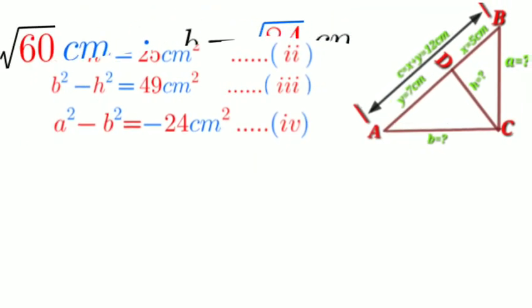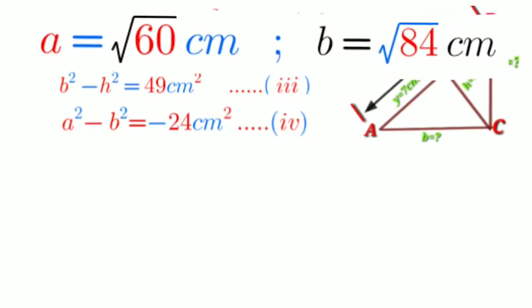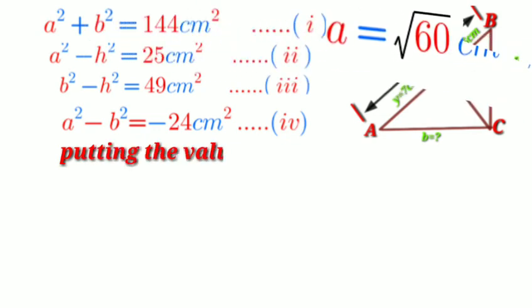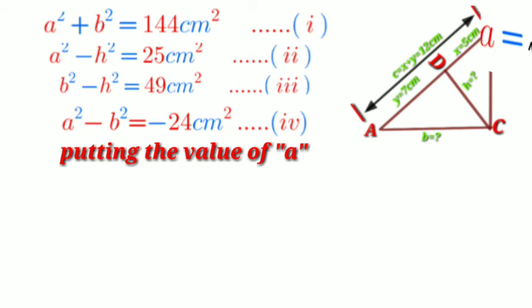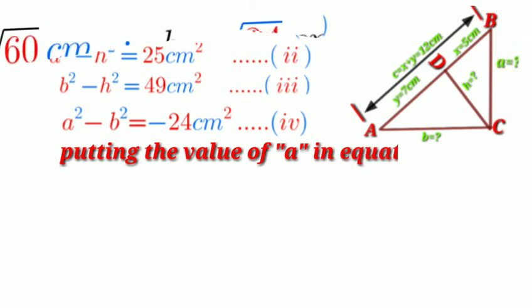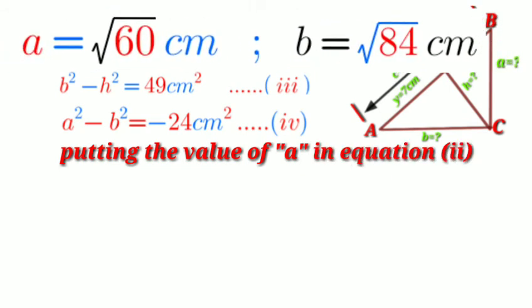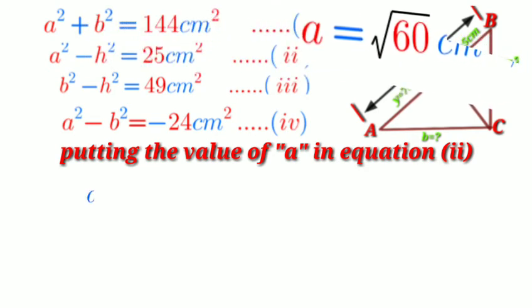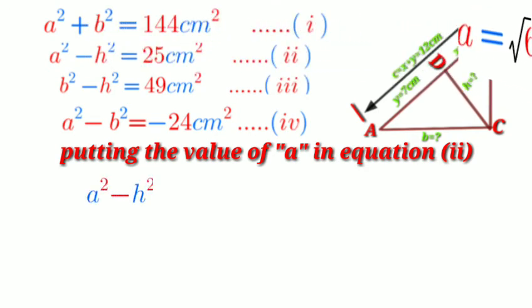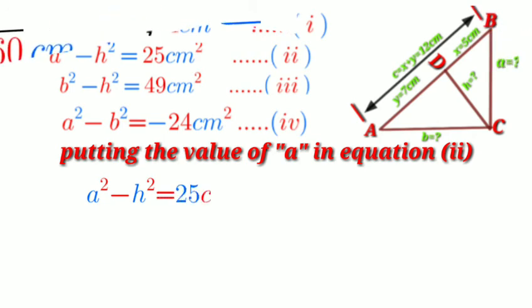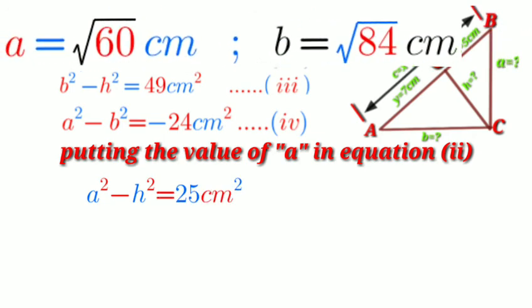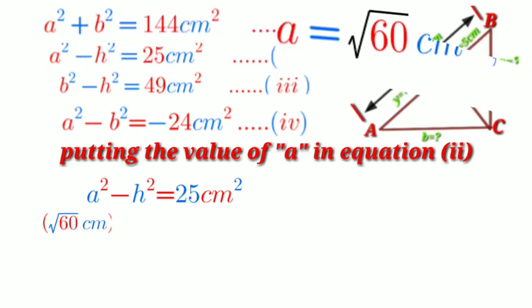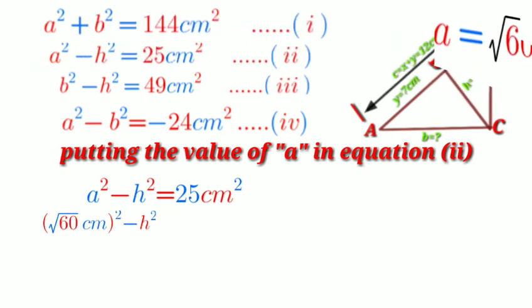At the last, we can find out the value of H by putting the value of A in equation number 2. A square minus H square is equal to 25 square centimeter. So the value of A is under root 60 centimeter.